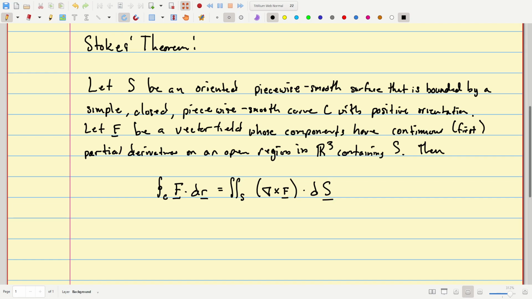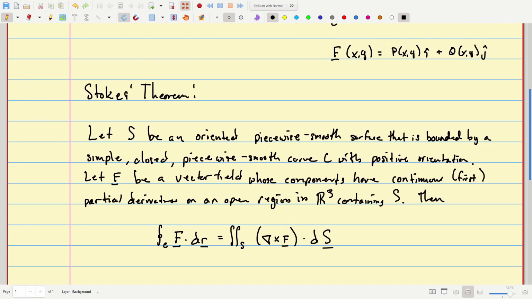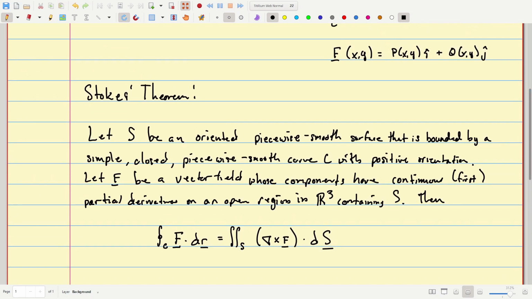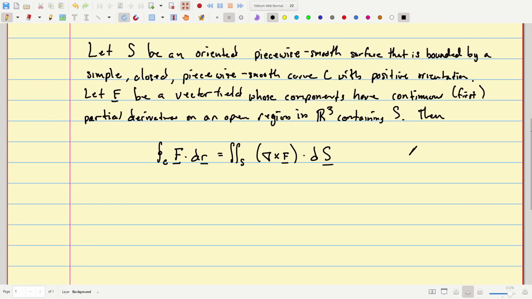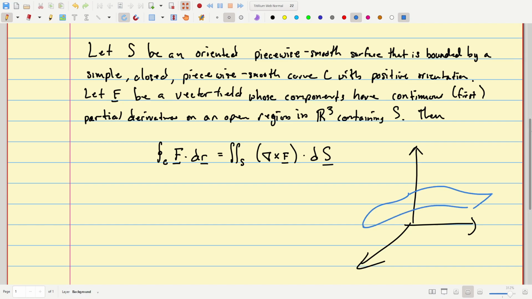So, a lot of words because there's a lot of things that we have to specify about the surface. All right. We have a surface that's embedded in three-dimensional space. Okay. So if I were to draw the picture of the surface, it would be something like this. It's sitting in space.